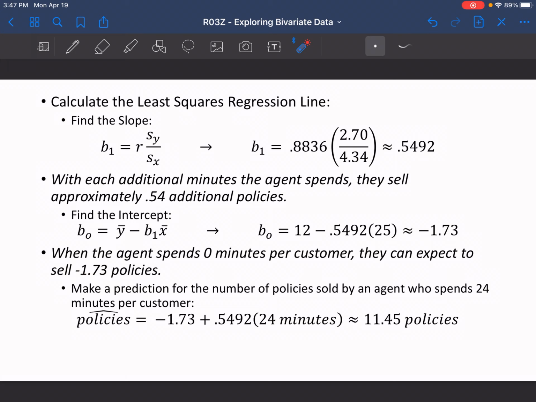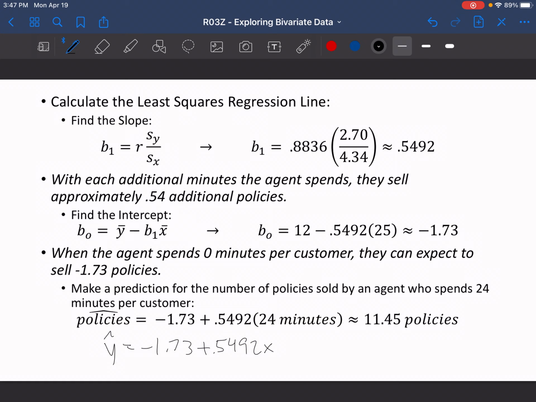Okay, let's say that we're asked a question to make a prediction for the number of policies sold by an agent who spends 24 minutes per customer. Well, we know that our line essentially is going to be y hat is equal to negative 1.73 plus 0.5492x.